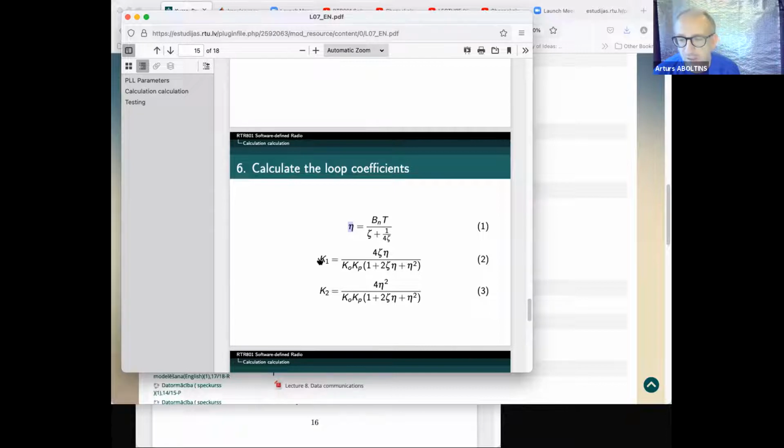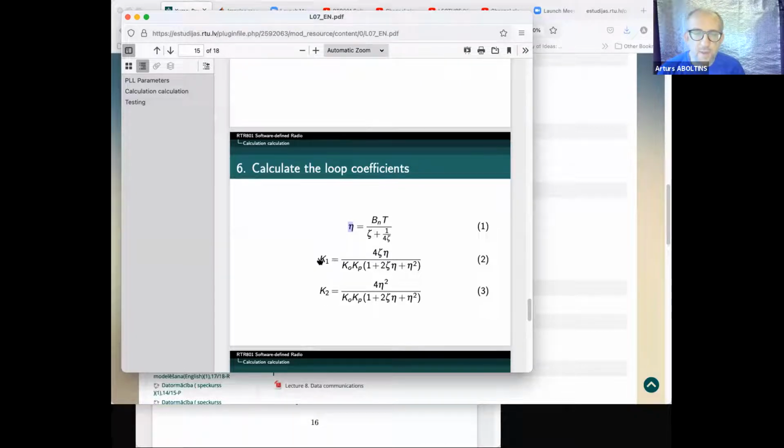And if you have calculated them, you can just copy this value and directly enter it here, K1, and K2. Of course, this is not as versatile as the script, because if I now change zeta, you have to manually update this value.